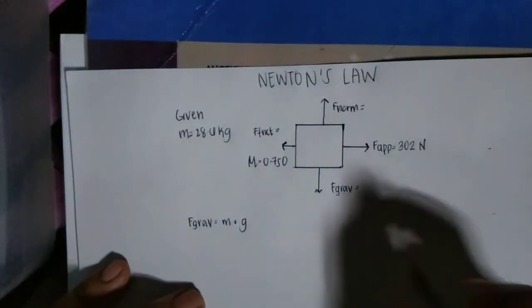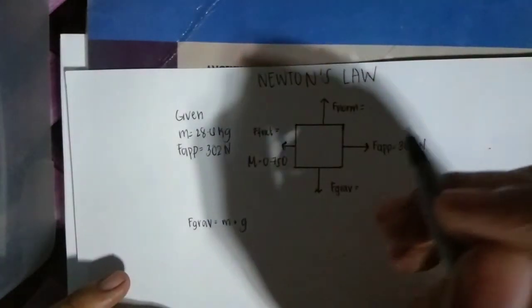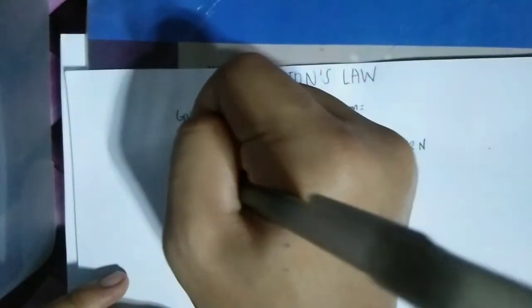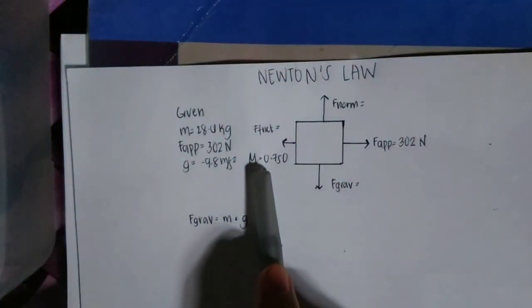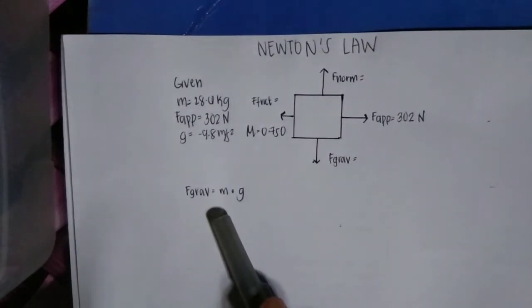So we have the given here: the mass is equal to 28.6 kilograms, the mass of the crate, the F app is equal to 302 newtons, the gravity is equal to 9.8 meters per second squared, and the coefficient, or the mu.